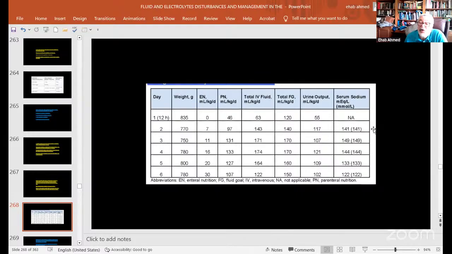And then serum sodium at day of life 2, 140, 149 on day 3, then started to drop on day 4, at day 5, 133, and day 6, 122. Okay?